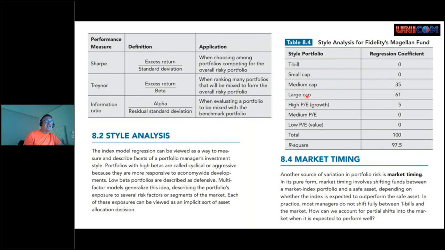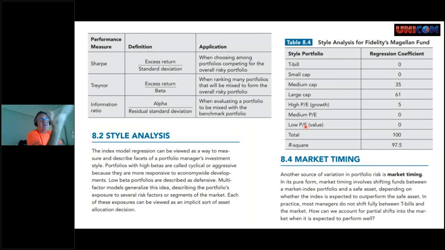And it turns out that most of their, well, 35%, if you want, it's not the way to interpret it, but the regression coefficient is 35 for medium cap approach and 61 for large cap. So they're clearly not focusing much on small cap approaches or the price to earnings ratios. They are selecting their stocks based on their capitalization, and that's maybe right, it may be wrong for you.